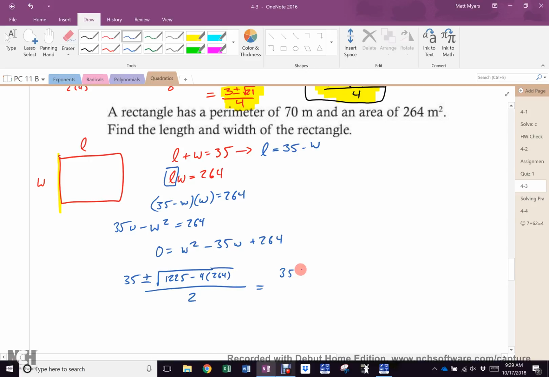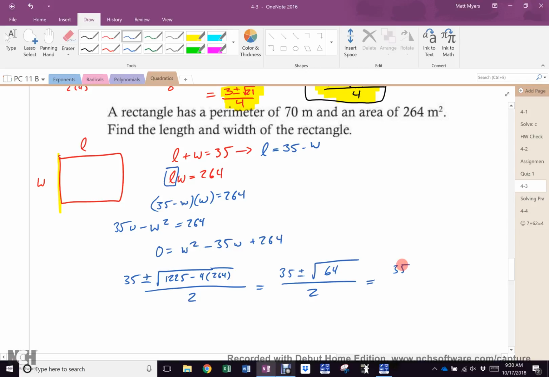Simplify. 35 plus or minus the square root of 4 times 264, which is 1,056, right? 1225 minus 1,056, 169 over 2. Does 169 have a square root? 13.